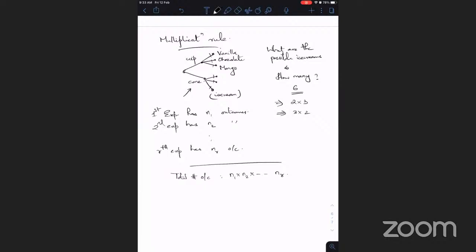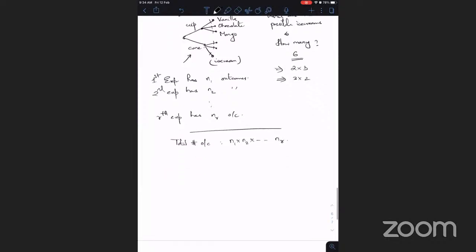Okay, so is this idea clear for everyone? This is pretty simple. Students, is the idea clear? Okay, nice, fine.